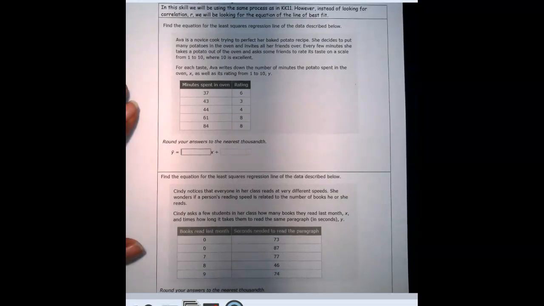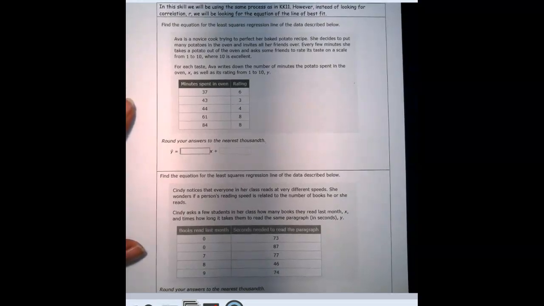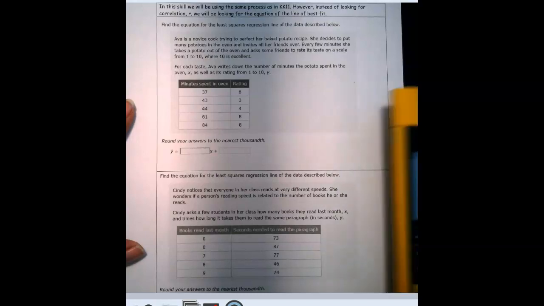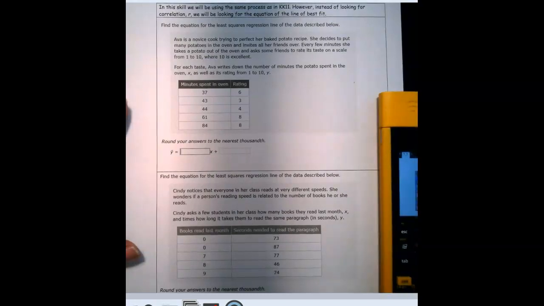So let's get right into it because we're going to use the same calculator skills that we used previously. So we've got our first question. It says, find the equation for the least squares regression line of the data described below. Ava is a novice cook trying to perfect her baked potato recipe. She decides to put many potatoes in the oven and invites all of her friends over.